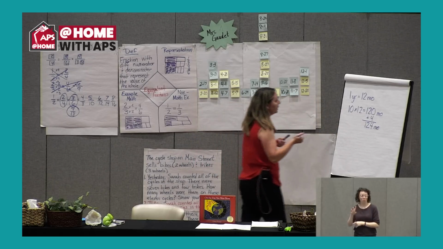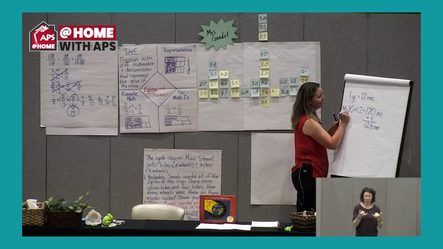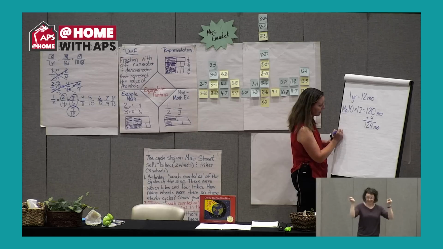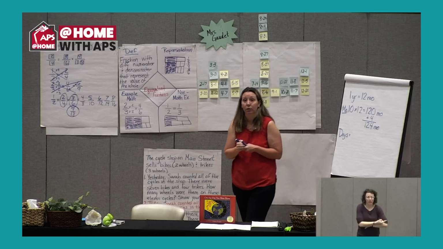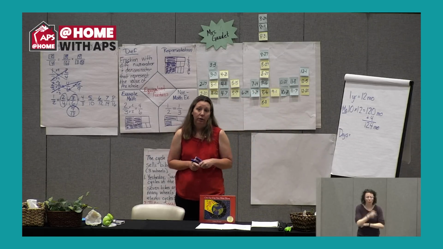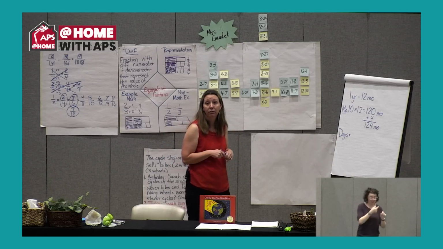Now we have the years, months. Now you guessed it. I'm going to ask how many days old you are. So how are we going to figure that out? Because not every month has 30 days in it.